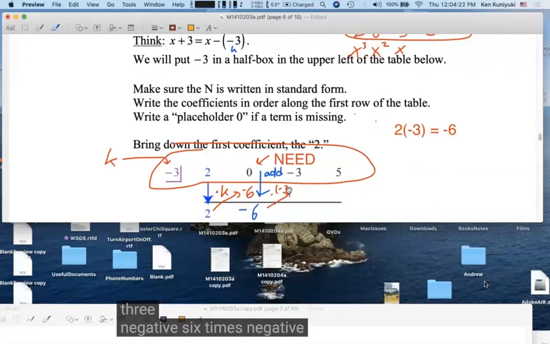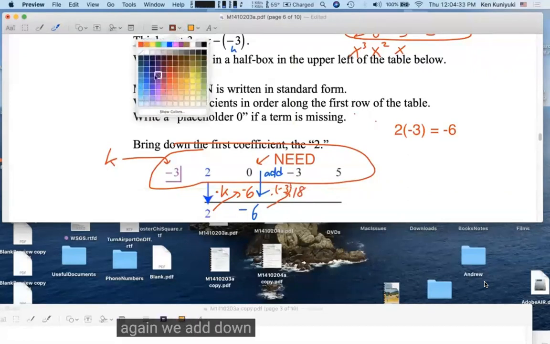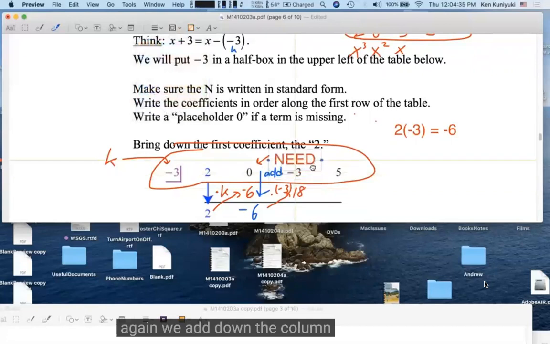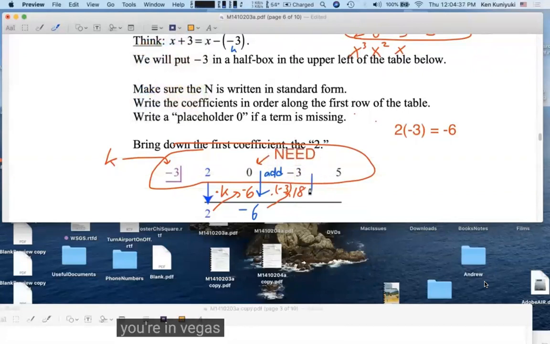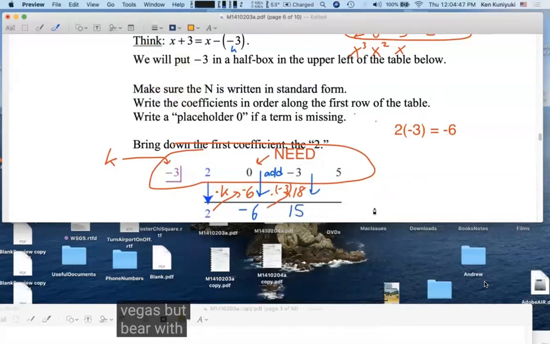Negative 6 times negative 3 is positive 18. Again, we add down the column. You're in Vegas. You lose 3, you win 18, you're still up 15, positive 15. I know that's joke money in Vegas, but bear with me.